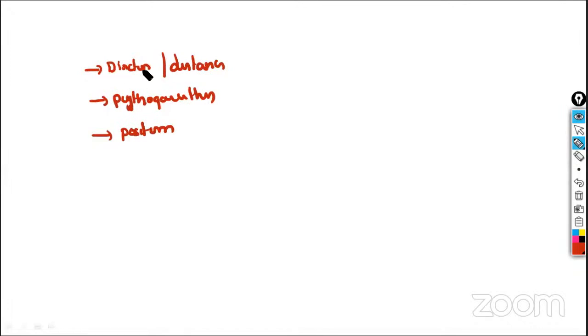Almost all of that will come in direction. So next one, clock and anti-clock.